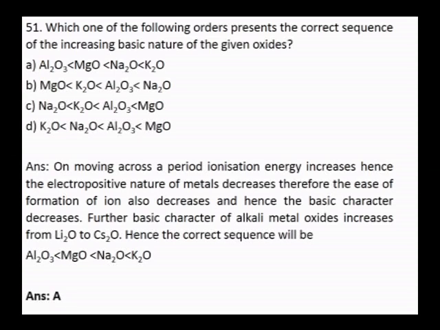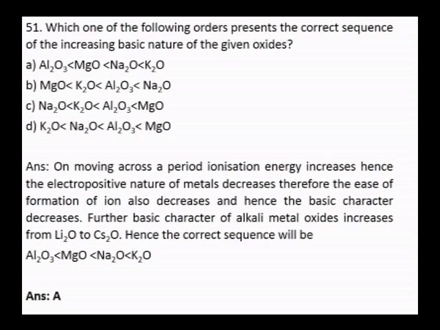When you move across a period, from left to right along the periodic table, ionization energy values increase because of the addition of electrons to the same electronic shell, and therefore the electropositive nature of metal naturally decreases. The ease of formation of ion also decreases, and hence the basic character decreases.